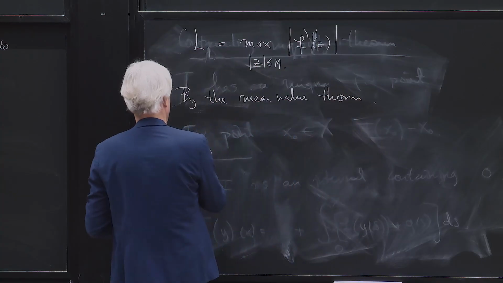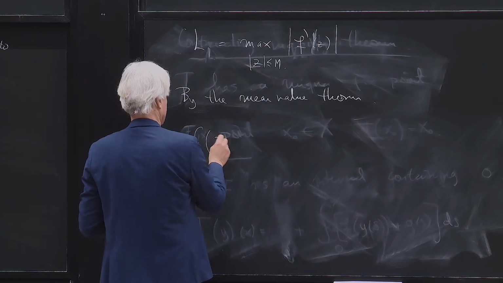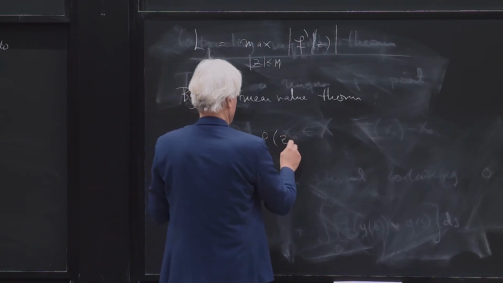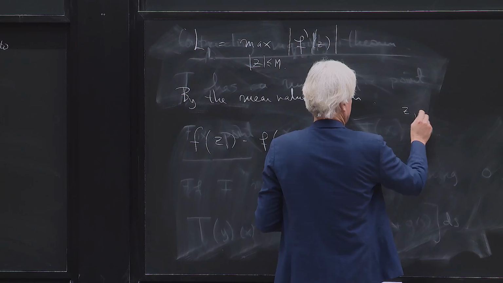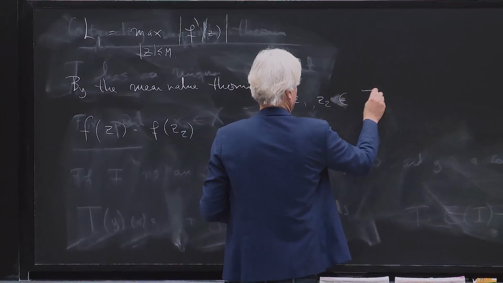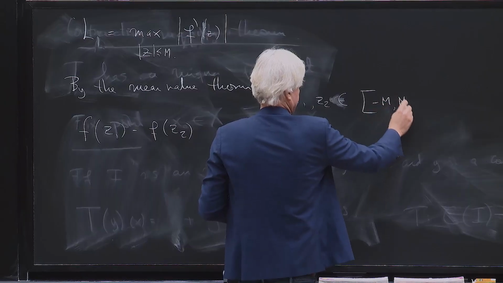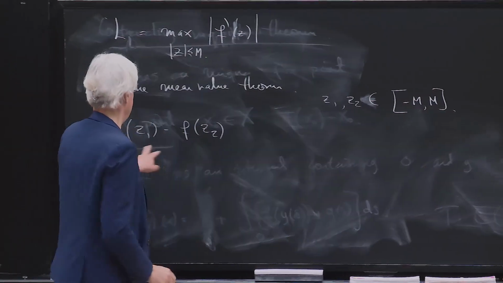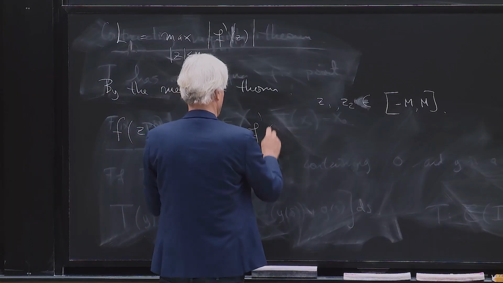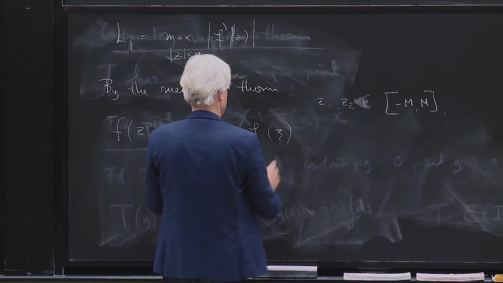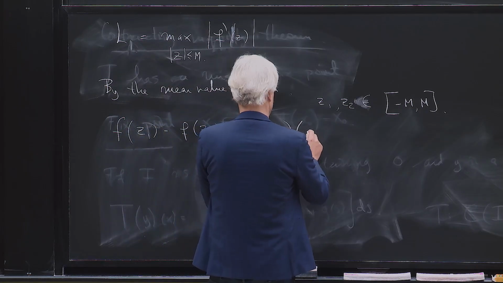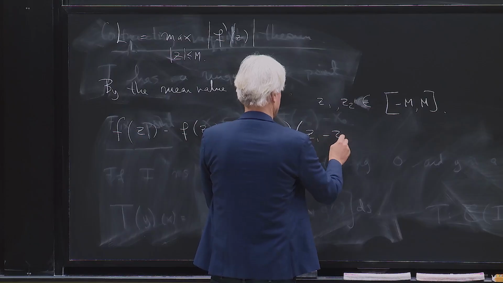By the mean value theorem, f of Z1 minus f of Z2, as long as Z1 and Z2 are in the interval from minus m to m, is equal to the derivative at some intermediate point, psi, times the difference between the two, Z1 minus Z2.